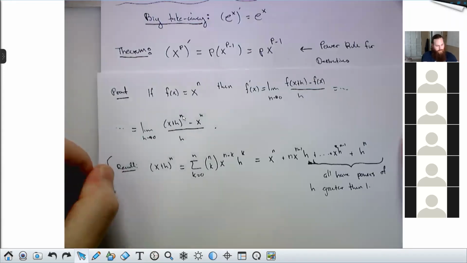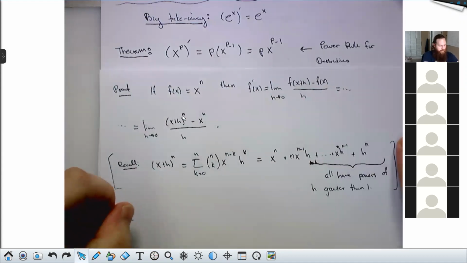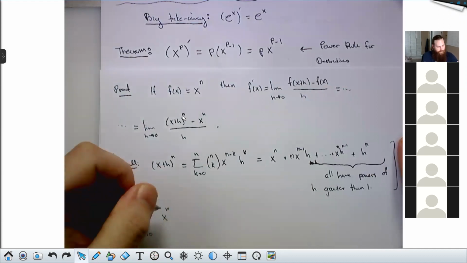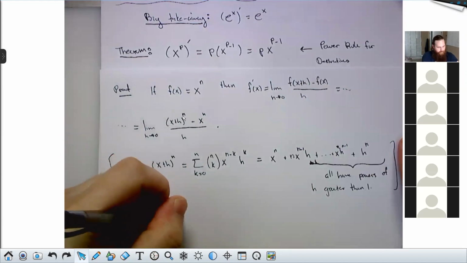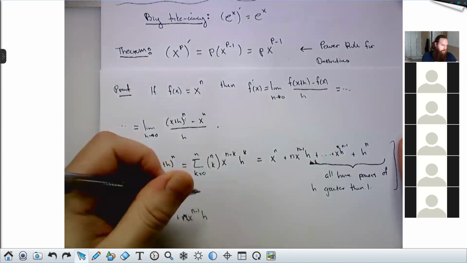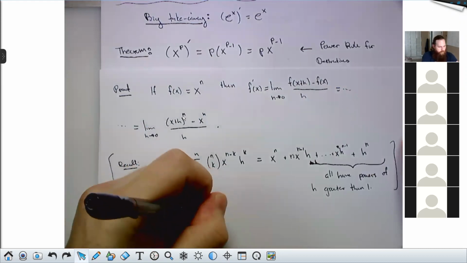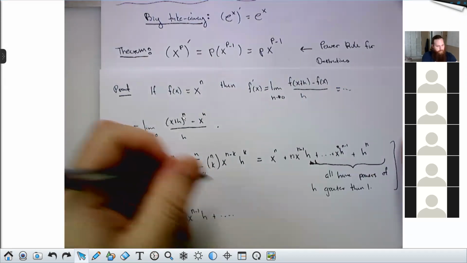So if we take this information and bring it back here, we get the limit as h goes to 0 of x to the n plus n x to the n minus 1 times h plus lower order terms, all of which contain powers of h.